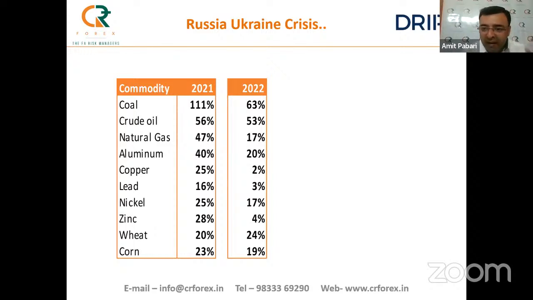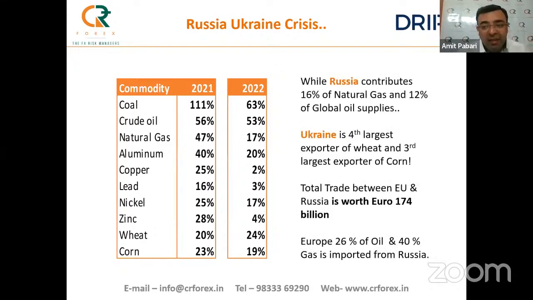Last, अगर हम 2 वीक की बात करें और पूरे 2022 में बात करें, coal, crude oil, natural gas, metals, they have all gone up. And with this crisis, you know, the prices will be at a higher level only. Prices will not come down, क्योंकि रशिया जो है वर्ल्ड का 12% oil supply करता है.